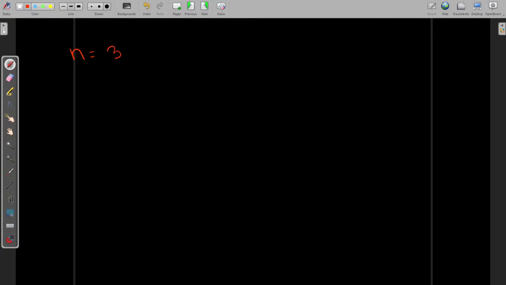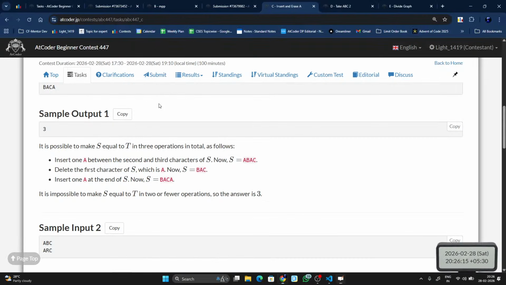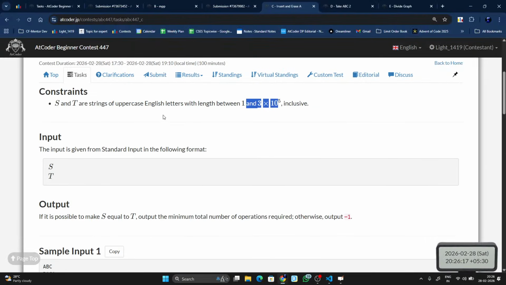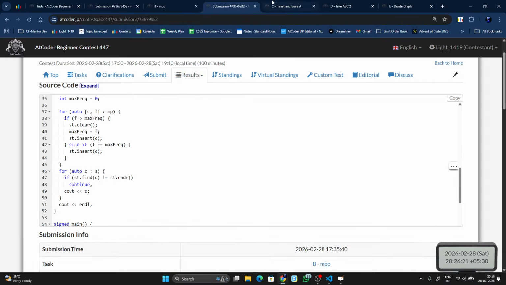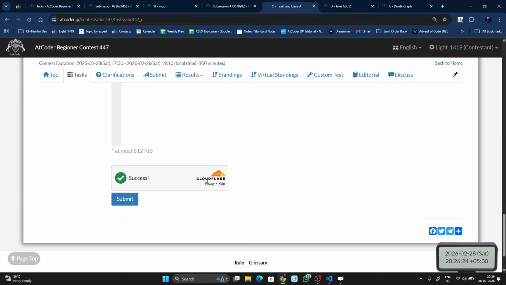N equals 3 pi, which is 3 into 10 to the power 5. Just a mathematical notation. And the time complexity of our solution would be, let's go through the code once.